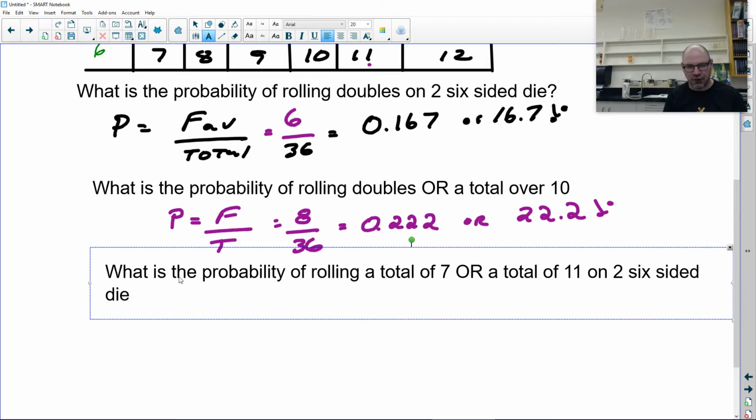You just pause the video and give it a try, and then we'll work it out on the chart.